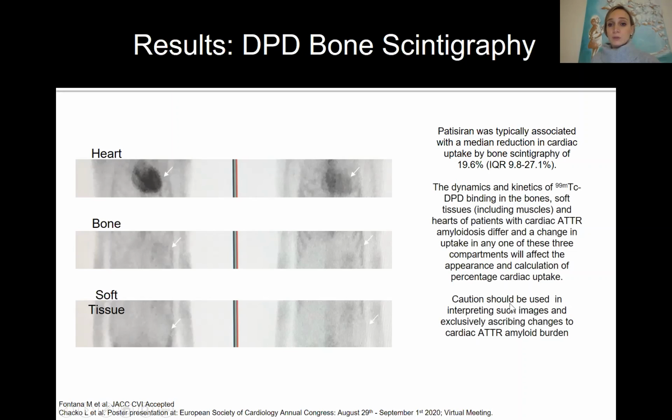So when we give contrast, the dynamic and kinetics of the DPD binding in the bones, soft tissue, and heart of patients with TTR amyloidosis is different, and the change in uptake in any of these three compartments will affect the appearance and calculation of percentage cardiac uptake. So caution should be used in interpreting such images and ascribing changes to ATTR amyloid burden.